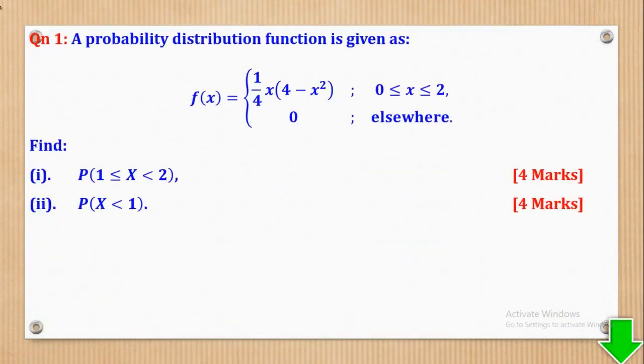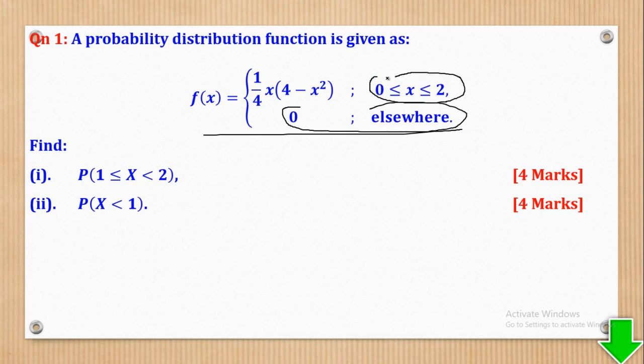Before we go to any other concept, let's go through this question. Question 1 says the probability distribution function is given as this. This is how they express continuous probability distribution functions. Notice that we end with 0 elsewhere, meaning that a probability which is not in this given range must always be 0.